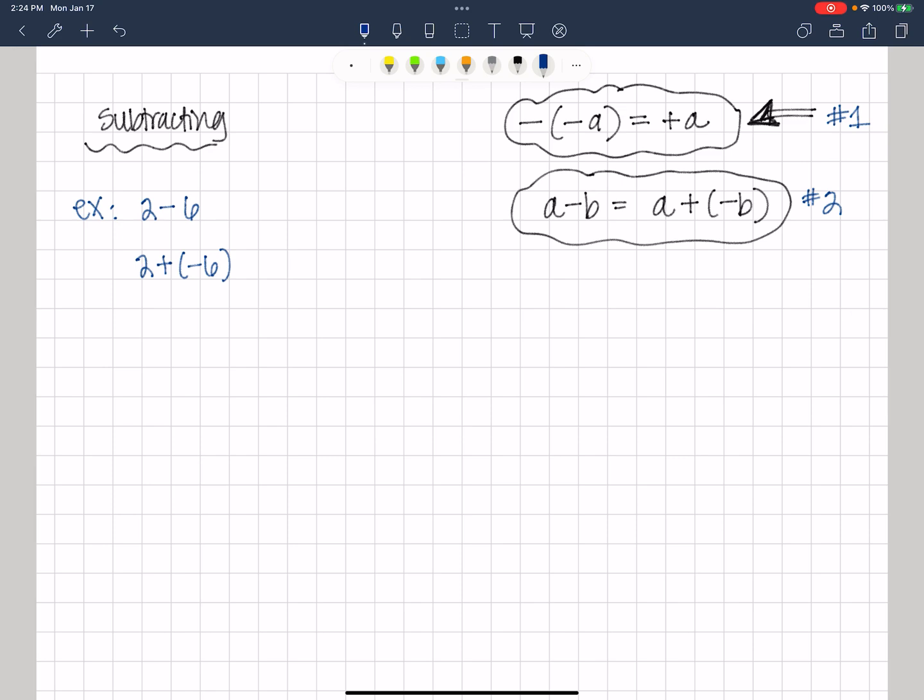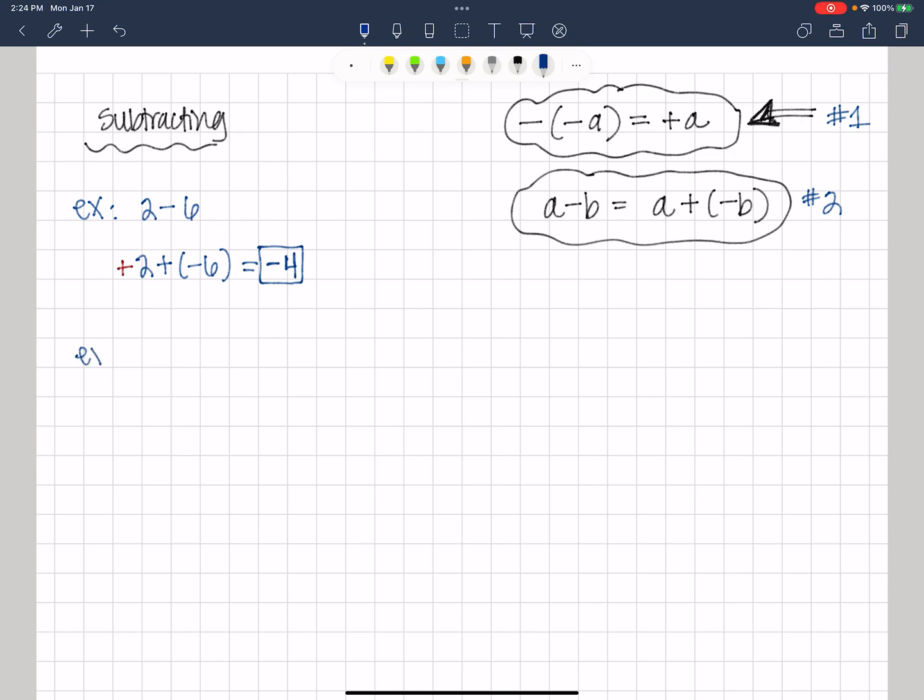I've got different signs. 2 is positive, 6 is negative. Different signs subtract. 6 minus 2 is 4. Take the sign of the larger value. 6 has a larger value than 2. 6 is negative, so my answer will be negative 4.